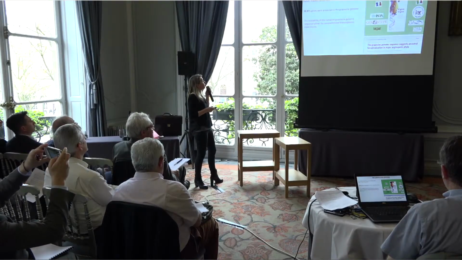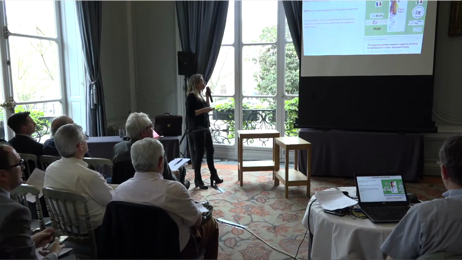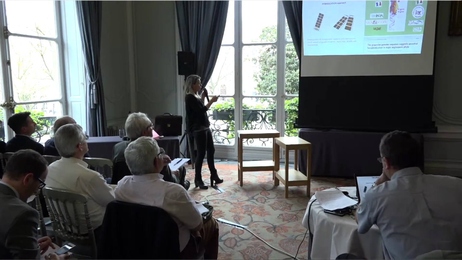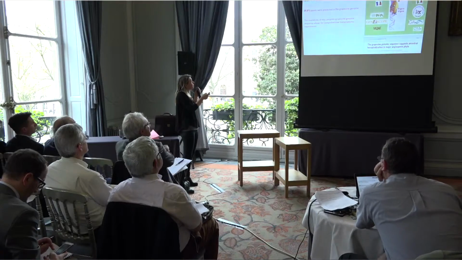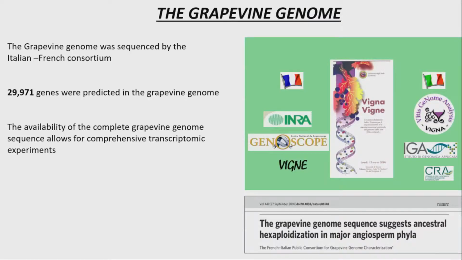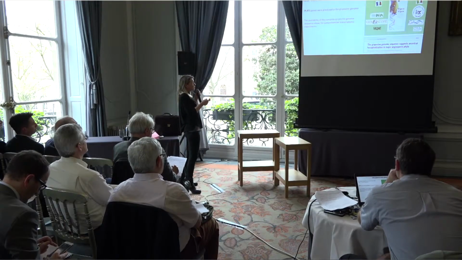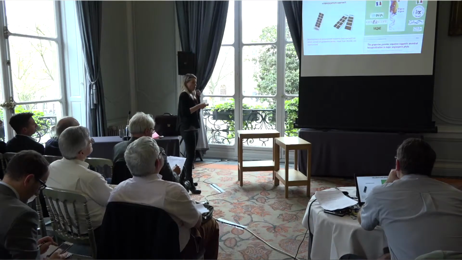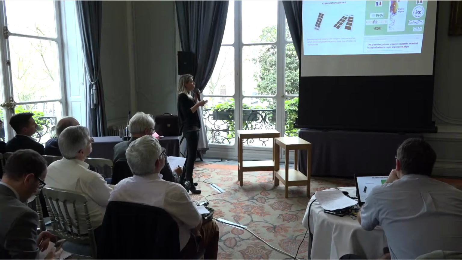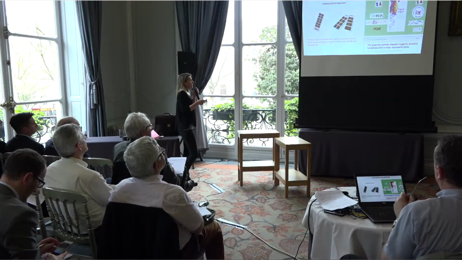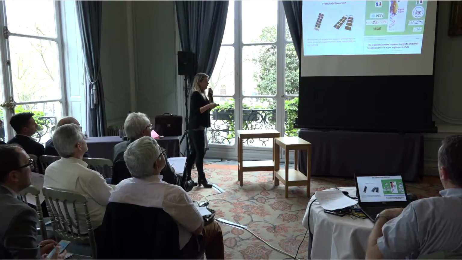Thanks to the work performed by the Italian-French consortium, in 2007 we were able to find that 90,971 genes are present in the genome of grapevine. So now we know exactly the sequence of all these genes. This important information allowed us to improve the transcriptomic experiments. In particular, now we have the possibility to have small supports, named arrays, macroarrays, that are able to represent more than 90,000 genes.